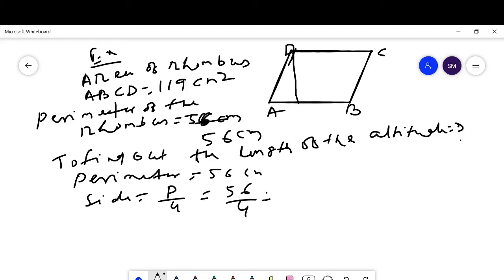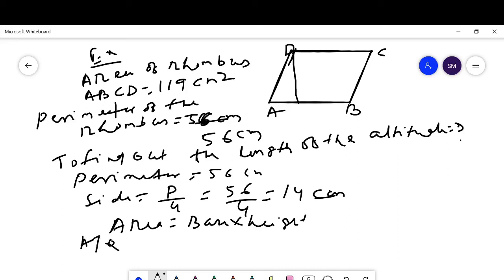56 upon 4, which is equal to 14 centimeter. According to the question, area is equal to base into height. As we know the base is 14 centimeter, but we don't know the height.